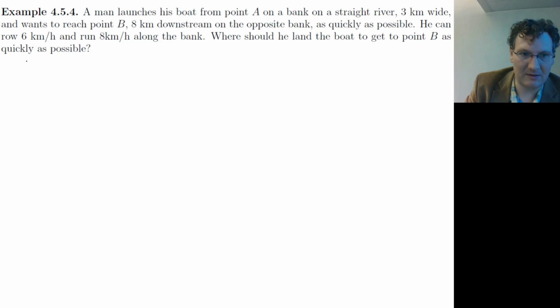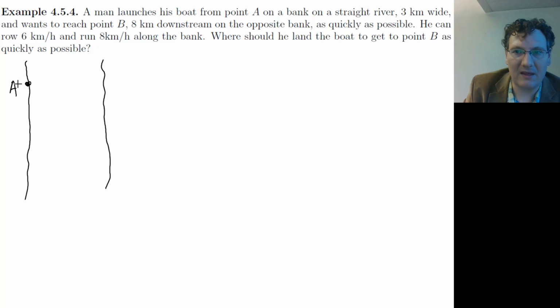Let's look at this in terms of a little graph. So he's starting here, and if he wanted to go straight across, that would be 3 kilometers, right? And he wants to get to point B, and this distance here is 8 kilometers down.